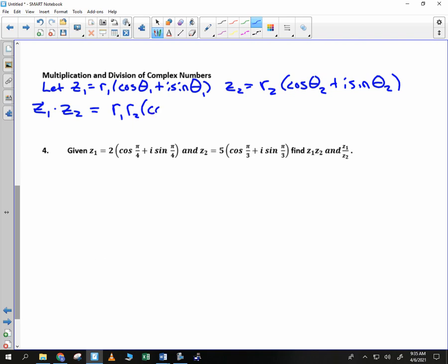And then the theta values, you add them. So theta sub 1 plus theta sub 2. So if you have two complex numbers in trigonometric form and you want to multiply them, multiply the r's and add the thetas.